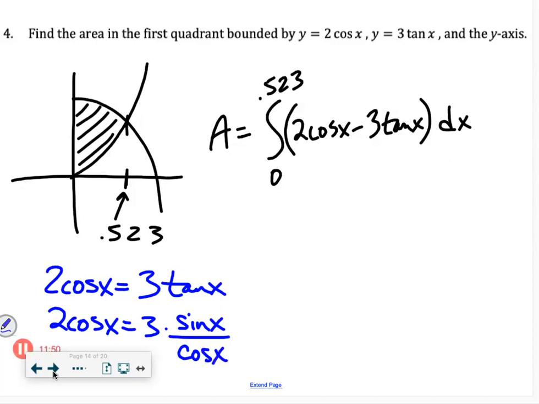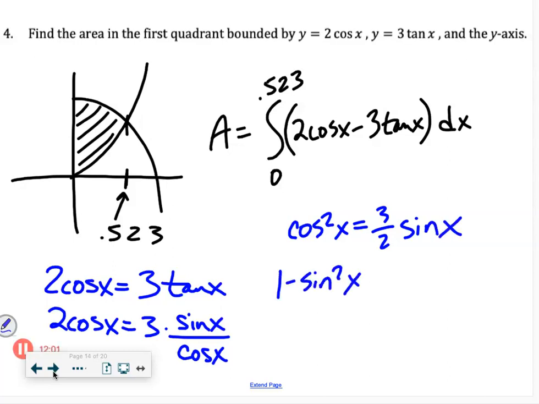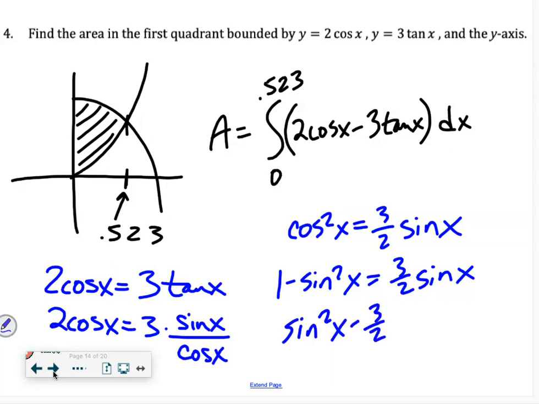So you have cosine squared equals 3 halves sine x. Minus sine squared, so sine squared plus 3 halves sine x minus 1 equals 0. And then you could double everything if you wanted to.